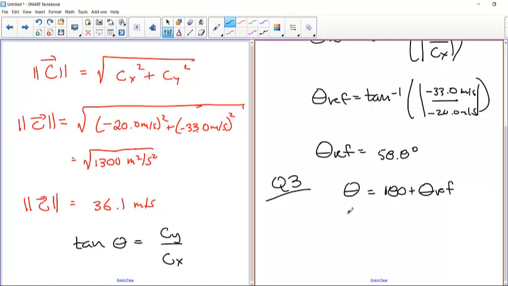We'll write them all down here in a second, but for the third quadrant, that's the case. So my theta here is going to be 180 plus 58.8 degrees. So 180 plus 58.8 is 238.8 degrees.